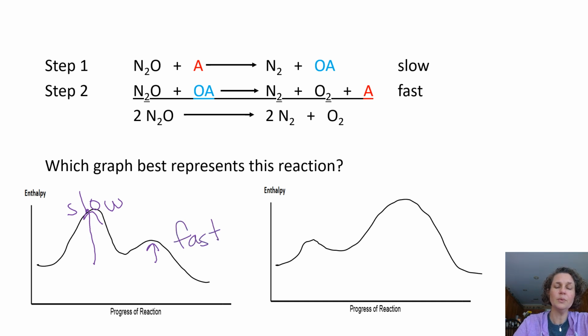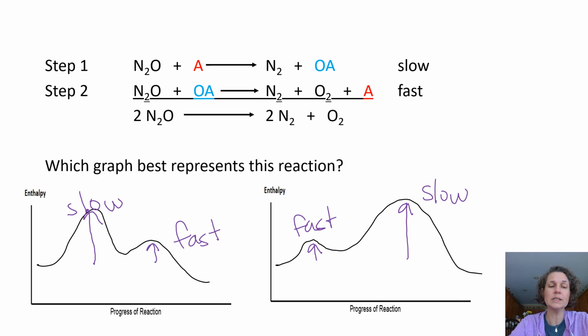And on the other one, you have a little hill to go up first. That's going to be pretty fast. And then a much bigger hill, which would take you longer. So that one would be slow. Based on the order of our fast and slows, the graph that best represents our example reaction, slow then fast, is going to be this one, because it matches the times.